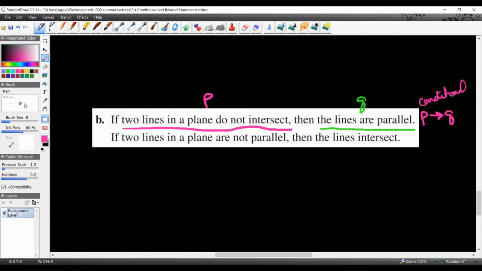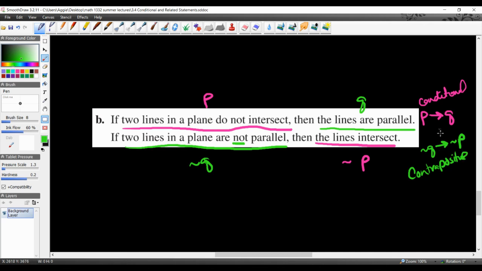And the second part says if two lines in a plane are not parallel, so that kind of looks like the Q part here, except it says not, so that would be not Q. Then the lines intersect. So the lines intersect looks like it's part of the P, but it's saying they do, and this one says do not, so this would be not P. So it looks like this one is not Q implies not P, which if I remember correctly, you can check if you want, is the contrapositive.